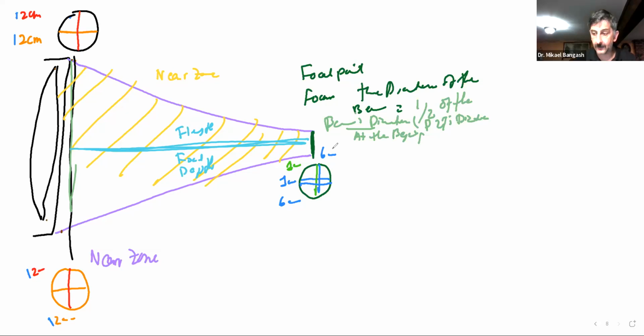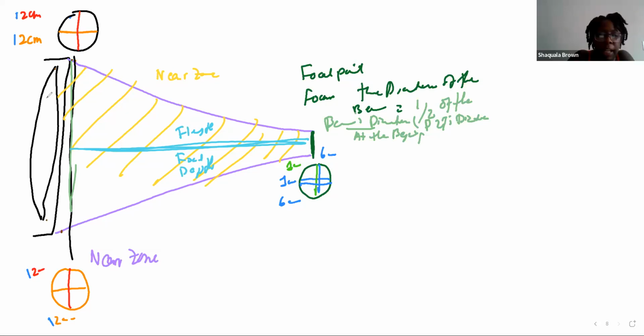So we can say that the diameter of the beam at the focus is going to be half of the diameter that it was at the source. Is that clear? Did you girls get that?